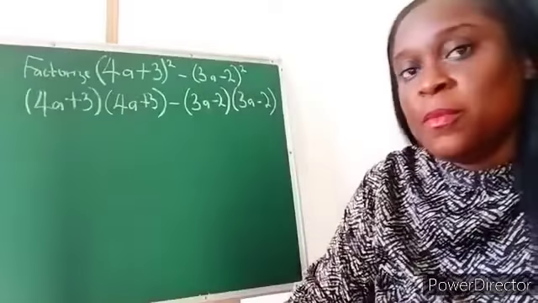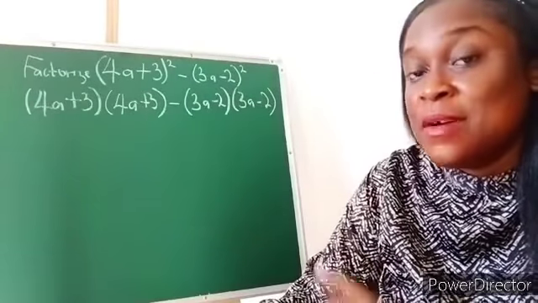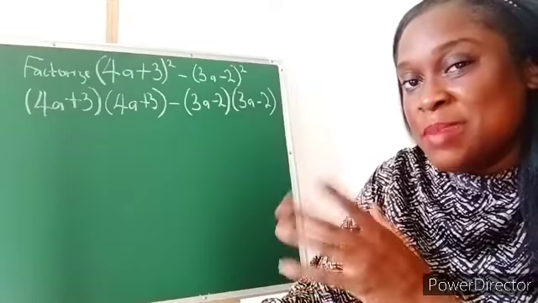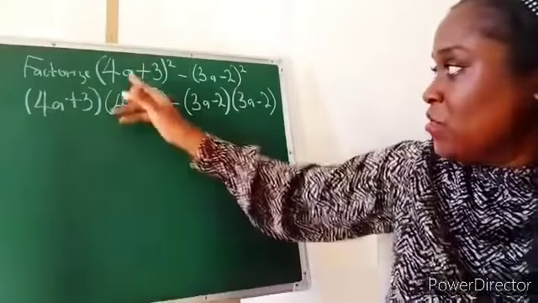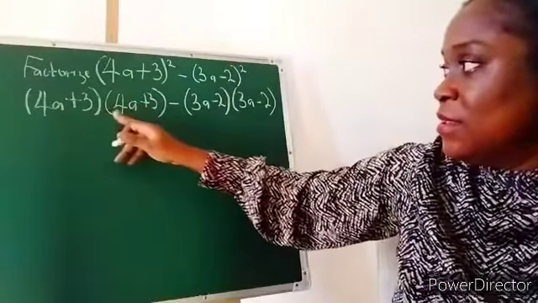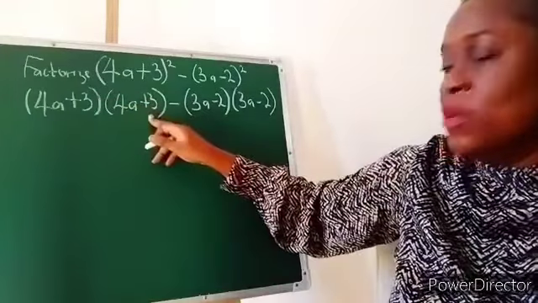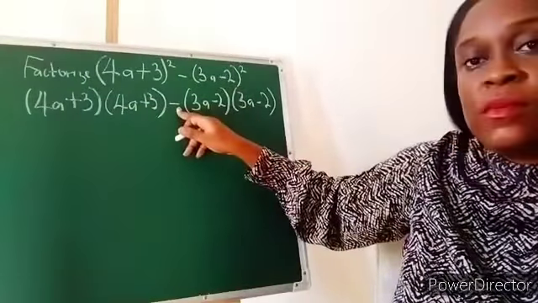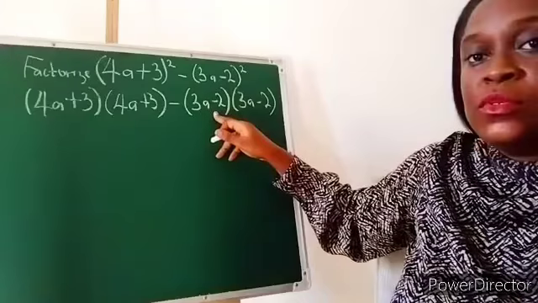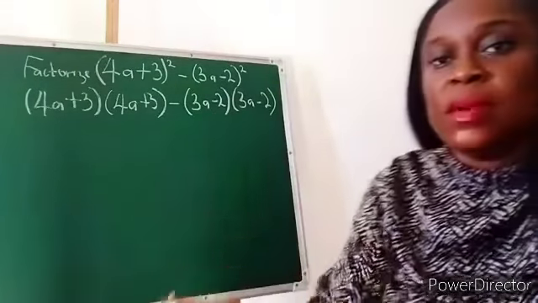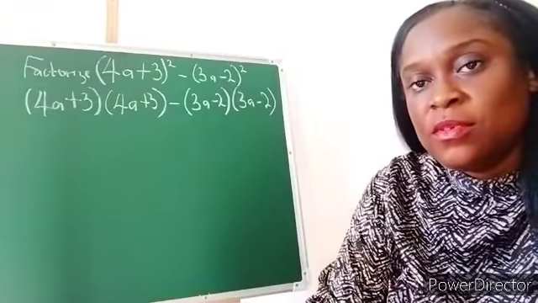You dey see am so? Na correct packaging be this. 4a plus 3 bracket 4a plus 3 minus 3a minus 2 bracket 3a minus 2. Na so the thing dey move.